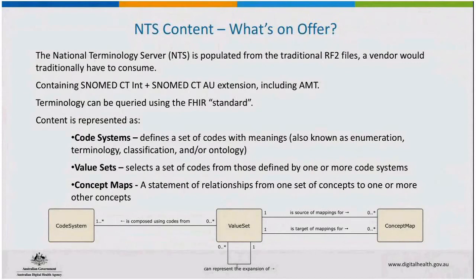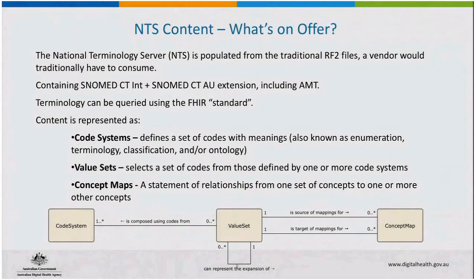Some high-level examples of the concepts contained in the SCT code system are things like body structures, clinical findings, AMT model concepts, etc. The RF2 reference sets may now be queried as implicit value sets within FHIR, although it should be noted that for now at least, these are all treated as simple type membership ref sets and without additional attribute values or concrete domains.